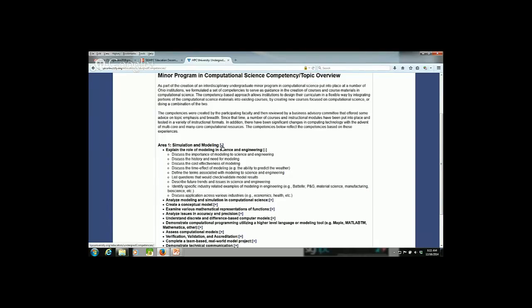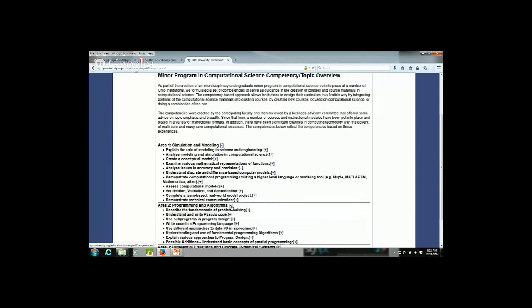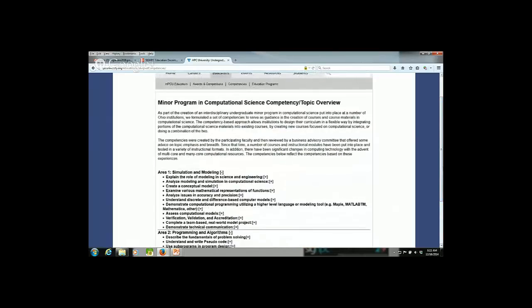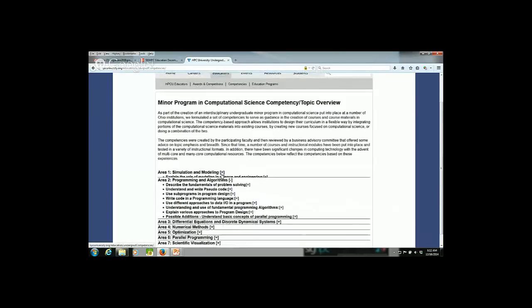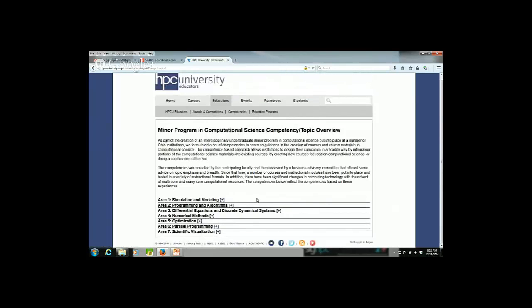So under each of these headings, then, are these descriptors, and they are set out for all of these things. And the reason we did this is because everybody who's thinking about creating an academic program does so in the context of their own courses, and their courses may cross over these categories.